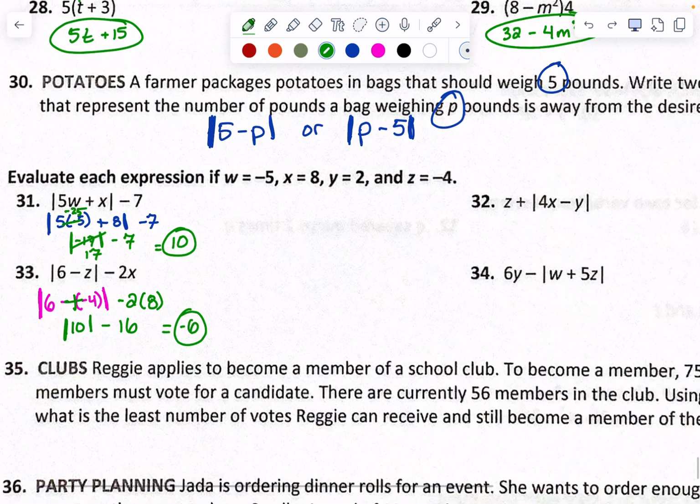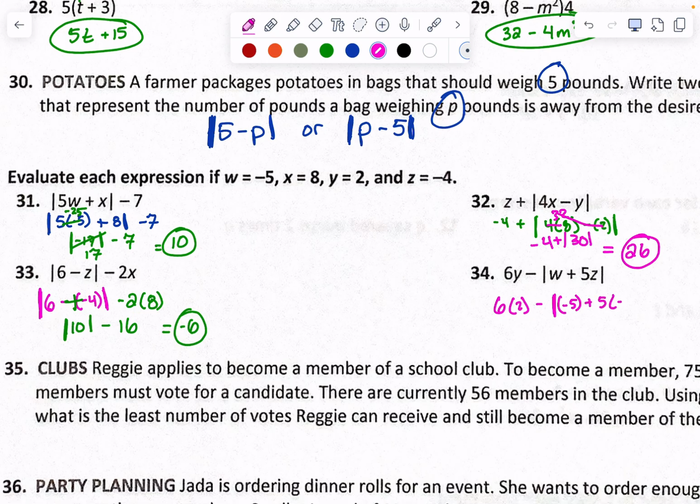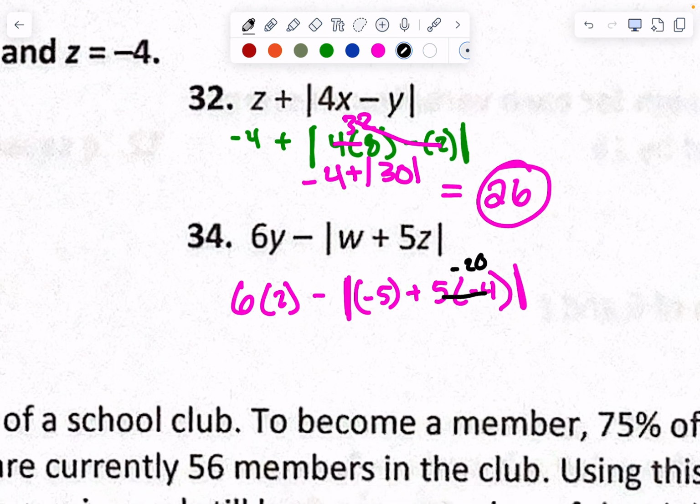All right, you do the other 2, and you can check. Oh my, I don't like that one. Hold up. Hold on.